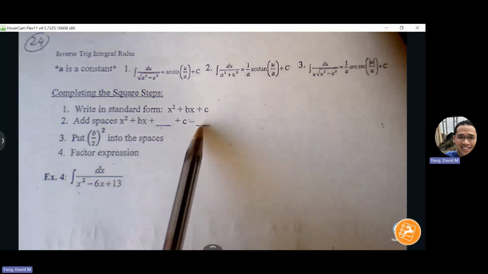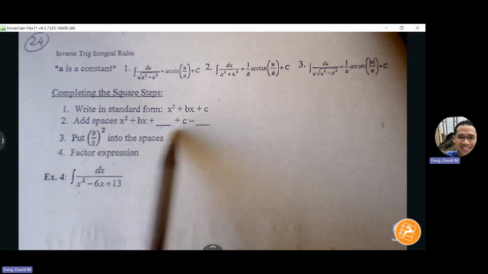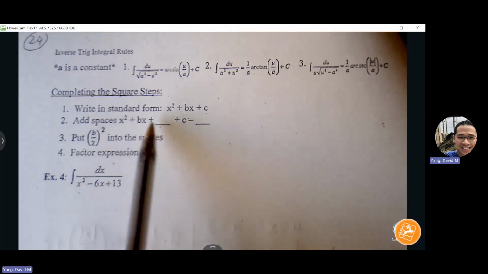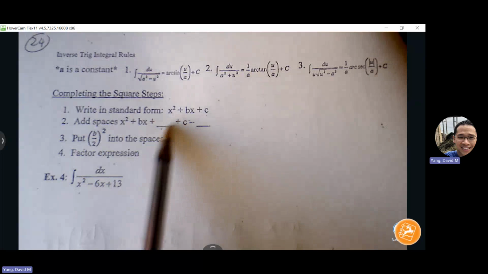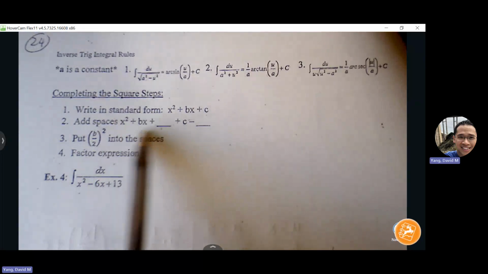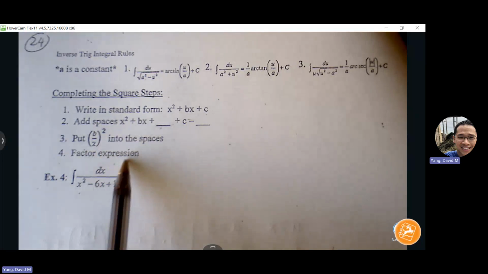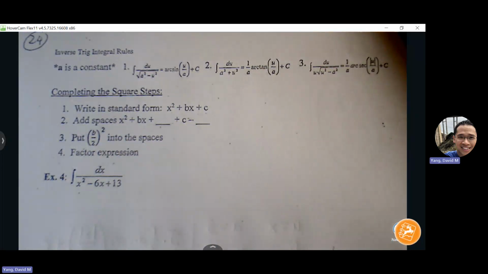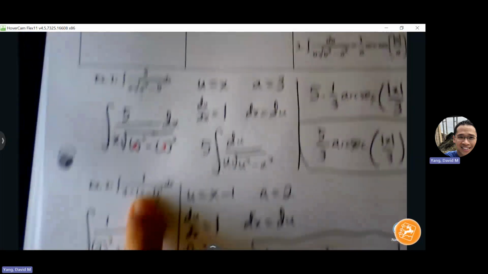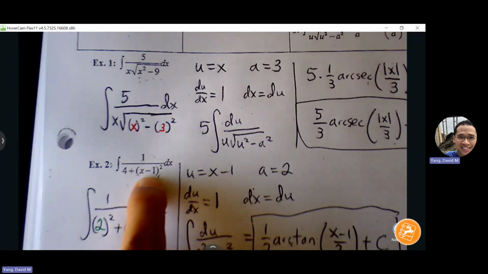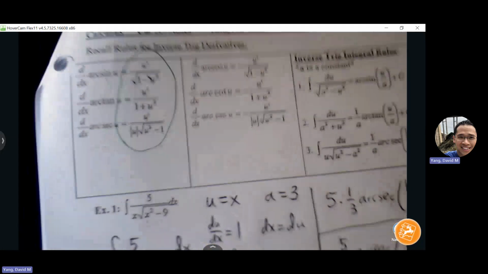And then we add spaces within our expression so that we can find a nice coefficient that will allow this to factor nicely. Once it factors nicely, then our expression can look like what we saw before, where your variable is nicely self-contained, like this (x minus 1) squared. We're trying to get it into this form so we can pull our a and u value.